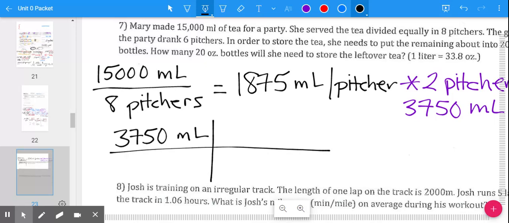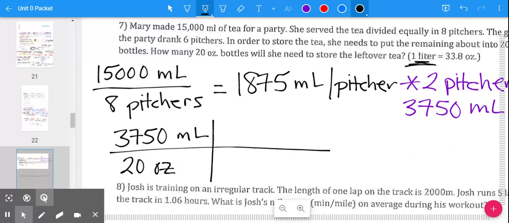So we have this conversion up here that there's liters. So the first thing we have to do is convert. We're dividing it into 20-ounce bottles, so next we have to figure out our milliliters to liters.